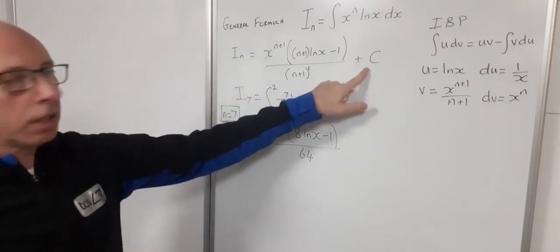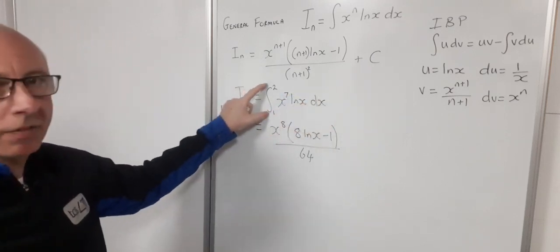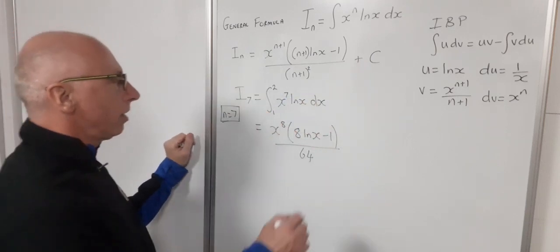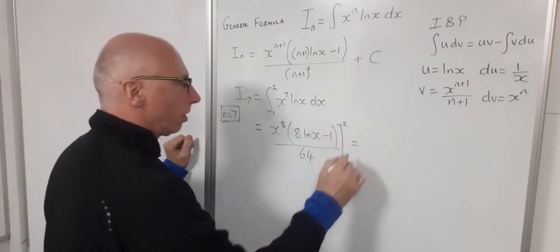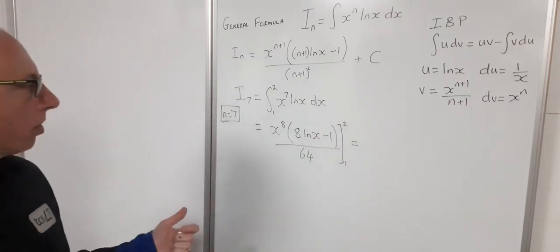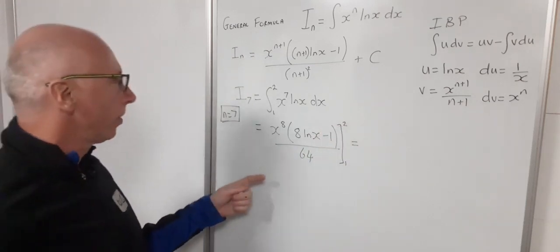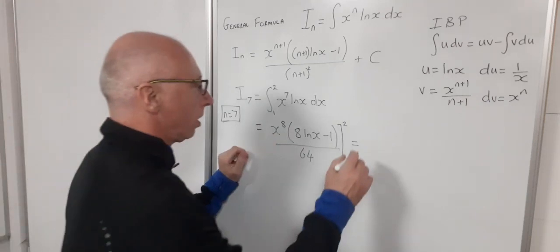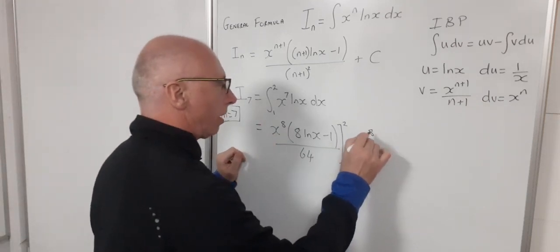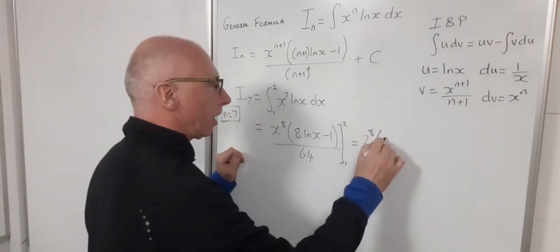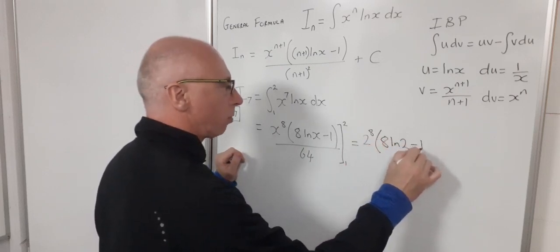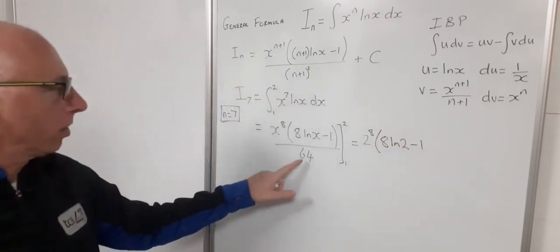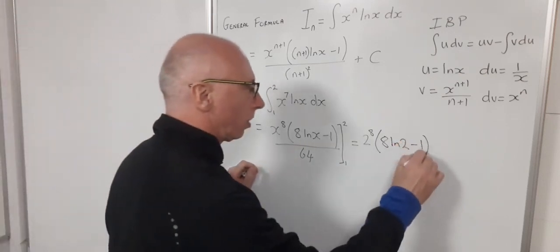Now here we don't need the plus c because we've got a definite integral. So this is calculated from 1 to 2. Now let's plug in x is 2 and subtract it from when x is 1. So if x is 2, I've got 2 to the power of 8 times 8 natural log of 2 minus 1, and then that's all divided by 64.